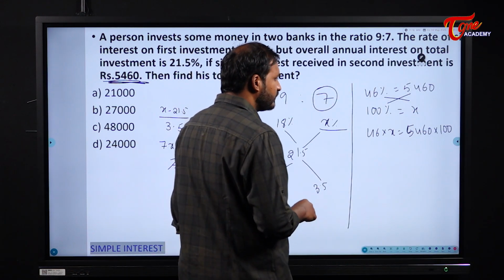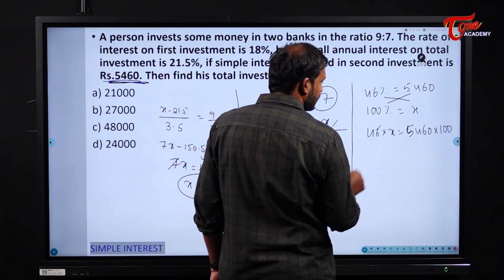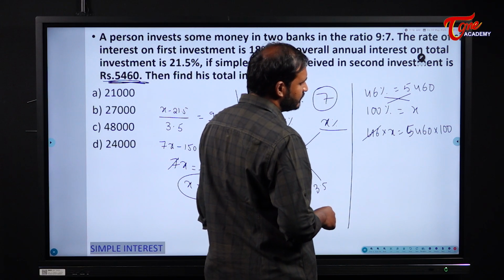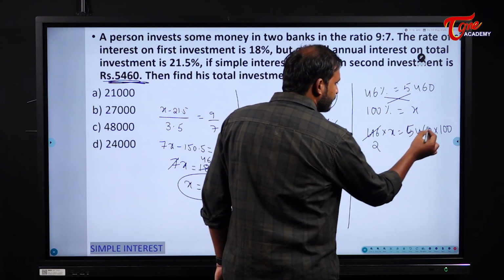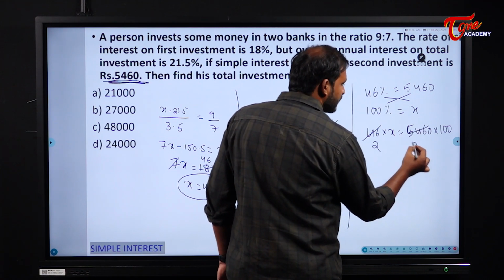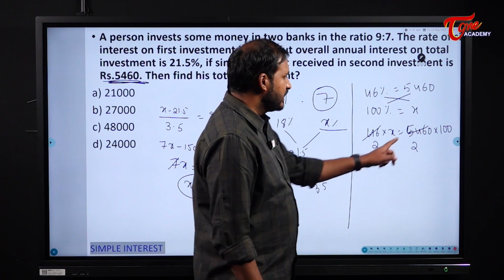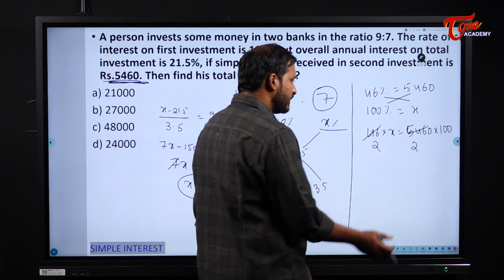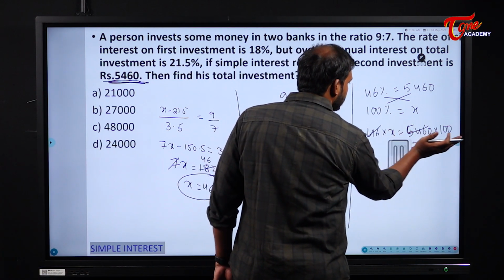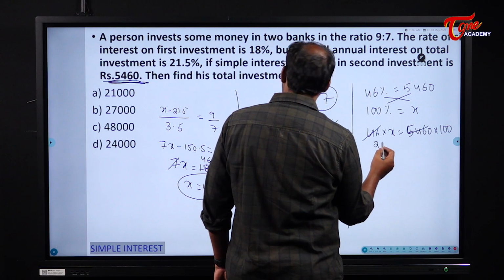5460 into 100. Try to cancel it. Is it possible in the 23 table? 23 twos are 46. Yes, and I will be left with 86. Okay, not possible in the 23 table. In the 2 table, let us cancel. It becomes 23.